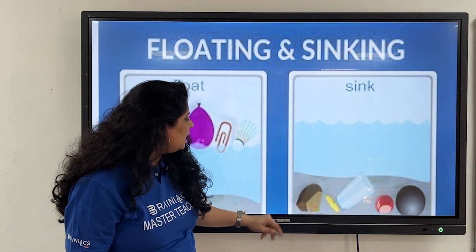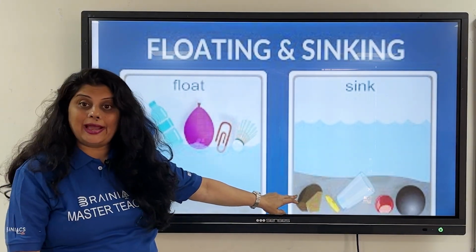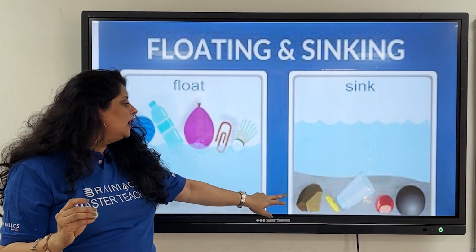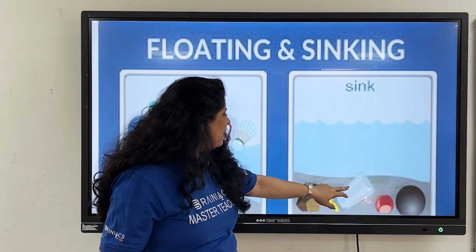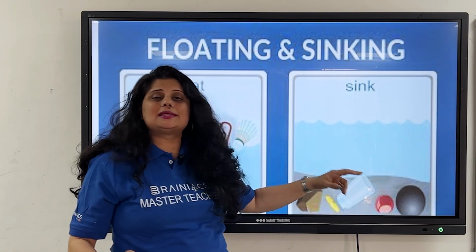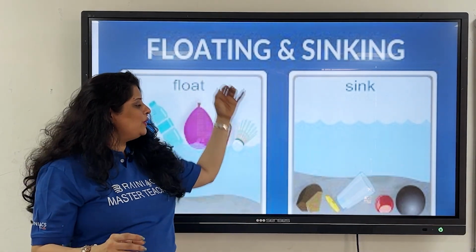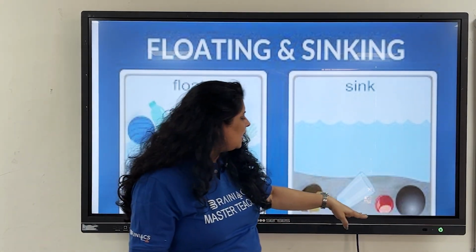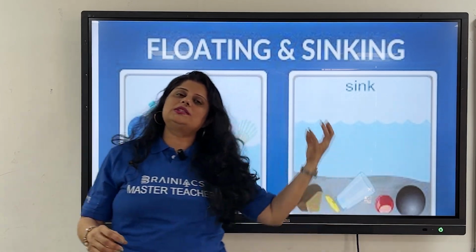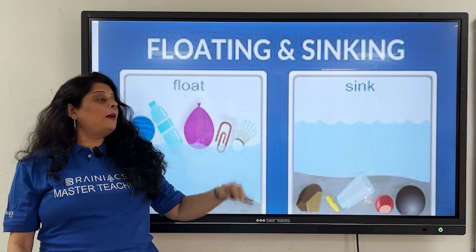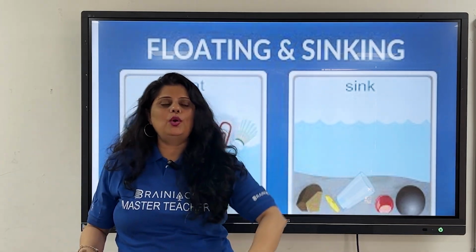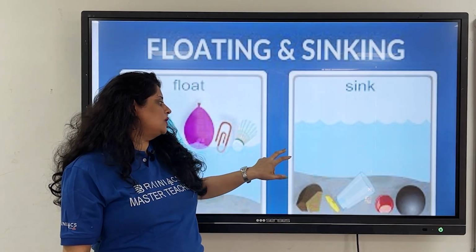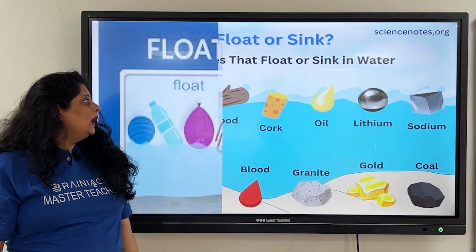Whereas if you look here, there is a stone, similar to this, but a little bigger and heavier. It's like a rock. Then we have a glass, which again is sinking, and there are two different types of metal balls which are again sinking because these are heavy, and that's how they sink in the water.